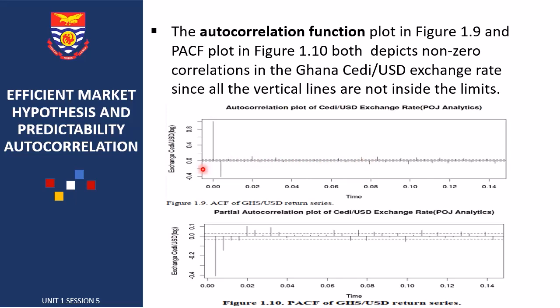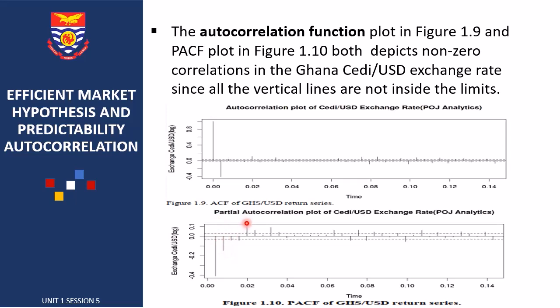In figure 1.9, we could clearly see that this dataset is autocorrelated, given that these bricks are just here and here, but these vertical lines are wide, set apart, and even these ones are outside these boundaries, indicating that they are not random, and that there is the presence of autocorrelation in the data set.